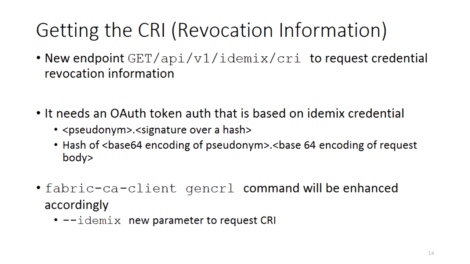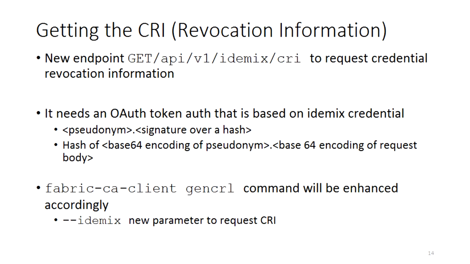When the user enrolls, we send the Idemix credential as well as the CRI. We return both, but later on, if the user wants to get a new version of the CRI, we'll provide a new endpoint to do that. This endpoint will accept a token based on the user's Idemix credential, similar to what we do with the X509 certificate, the same mechanism.